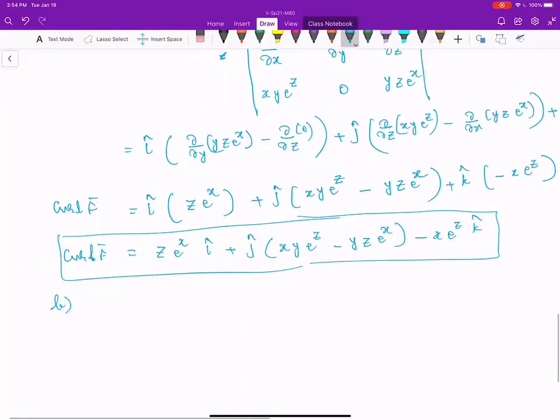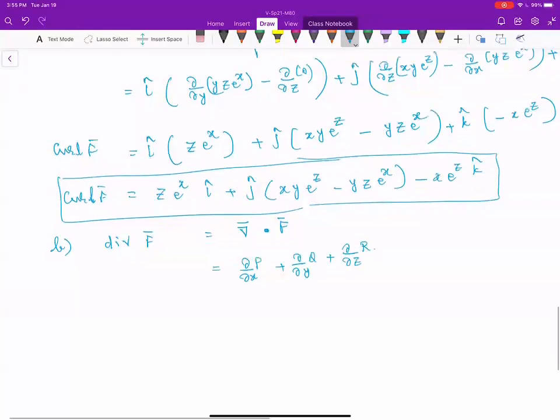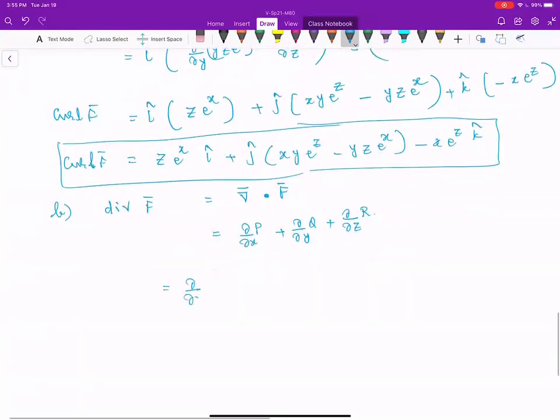Then we will find divergence, div F, which is by definition del dot F, which in other words is ∂/∂x of P plus ∂/∂y of Q plus ∂/∂z of R. That is ∂/∂x of P, which is xy e^z, then ∂/∂y of 0, the Q component is missing here, then ∂/∂z of R, which is yz e^x.